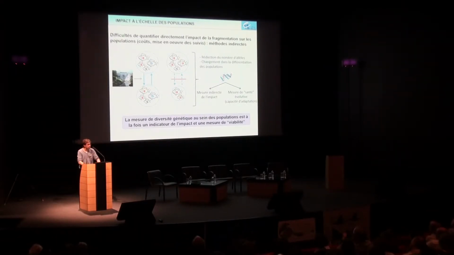So the population will be different from one side of the obstacle to the other. We won't have the same alleles and genes. So we can use these letters to measure the indirect impact and also the evolutionary health of the population.